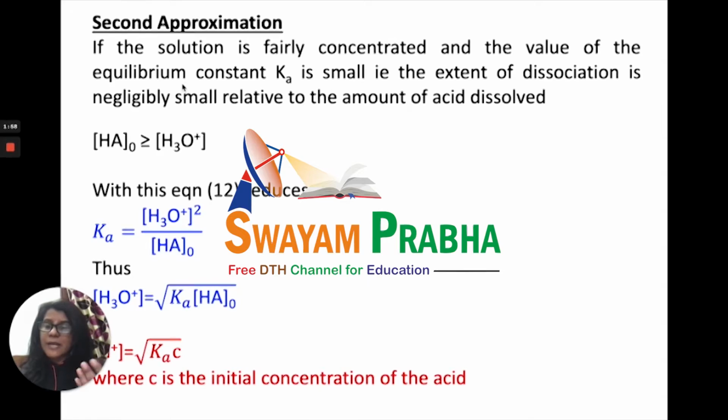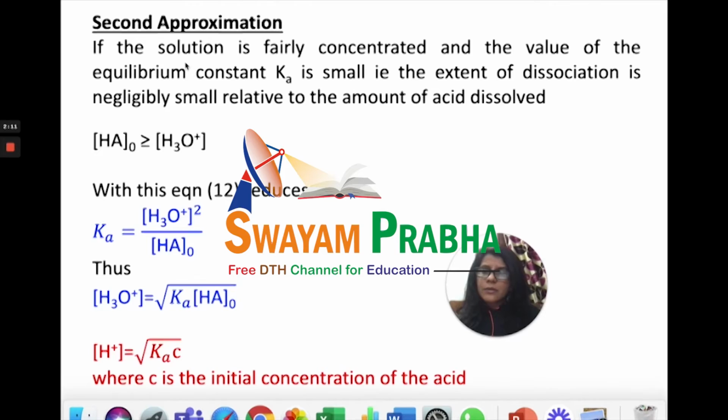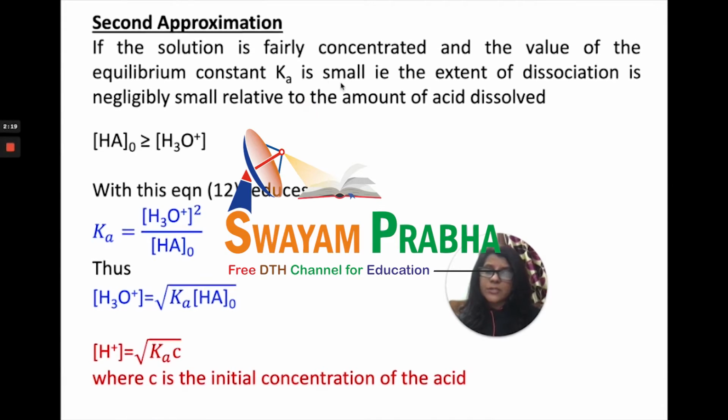Now let us apply another approximation to the same expression to get a better formula for the weak acid. In the second approximation, we are assuming that the solution is fairly concentrated and the value of the equilibrium constant is small.